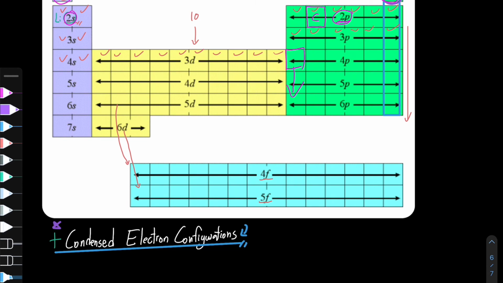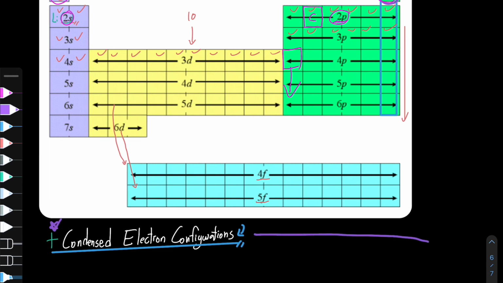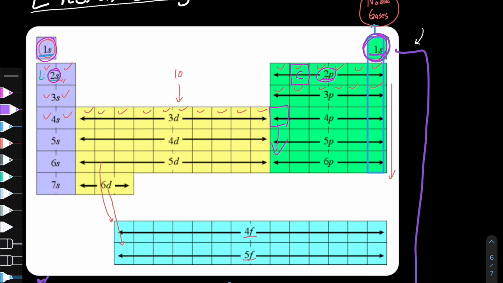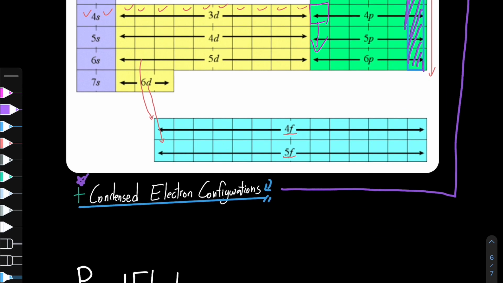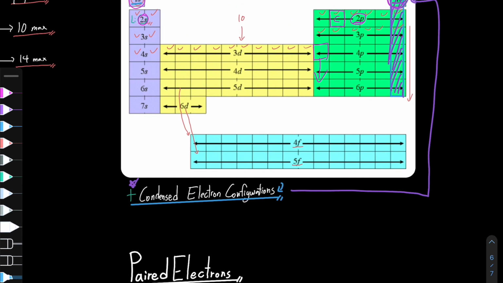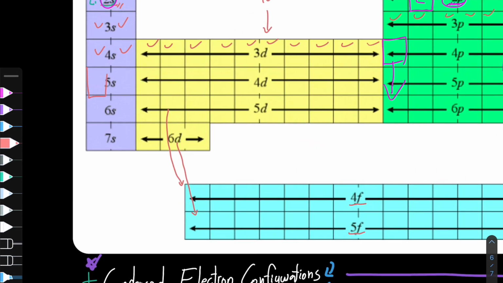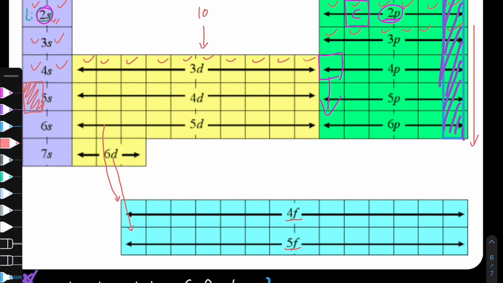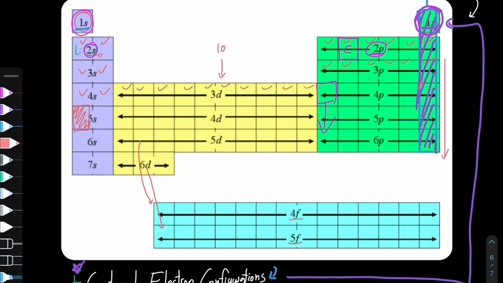We can use noble gases to write condensed electron configurations. These are the noble gases on the periodic table, and an example of how we use the condensed electron configuration is that if we have an atom here that we have to write the electron configuration for, we only need to write the noble gas that is smaller and nearest to the one that we need to solve.